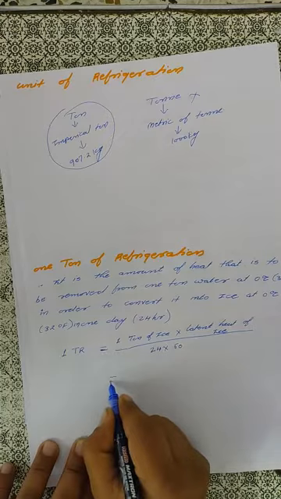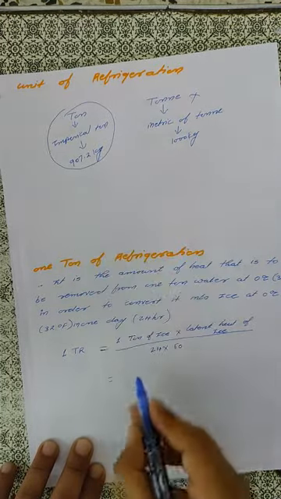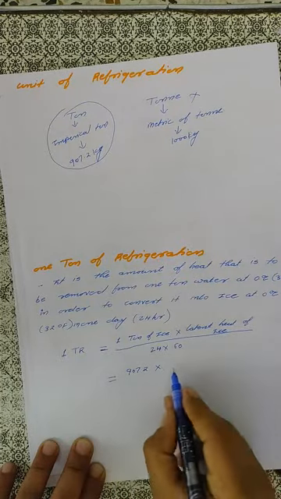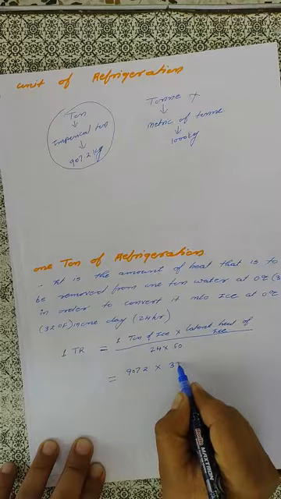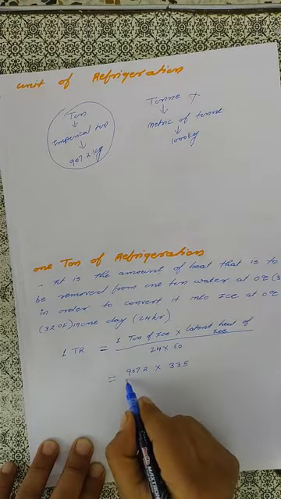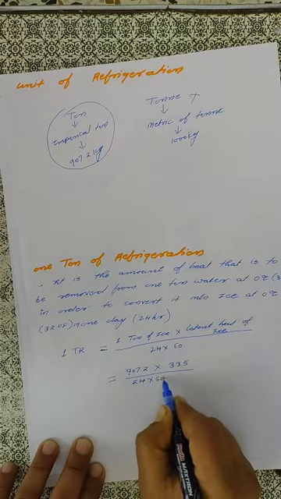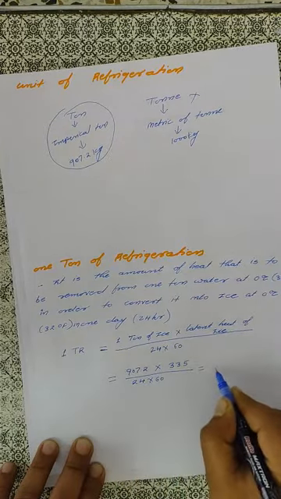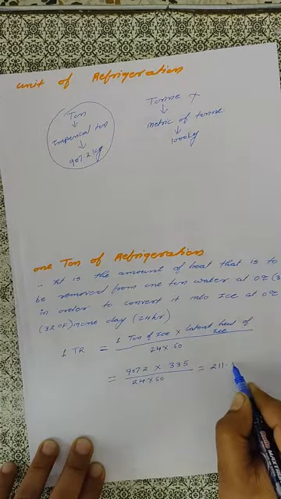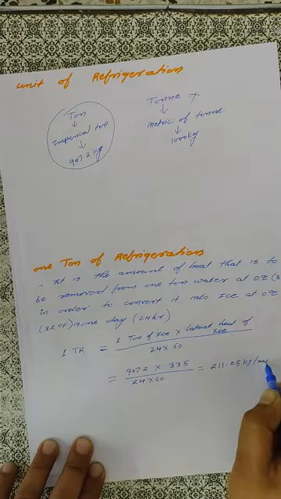Now 1 ton of ice, here we are using the empirical ton, 907.2, into the latent heat of ice, you know that is 335 kilojoule per kg, divided by 24 into 60. If you do this calculation, you will get 211.05 kilojoule per minute.